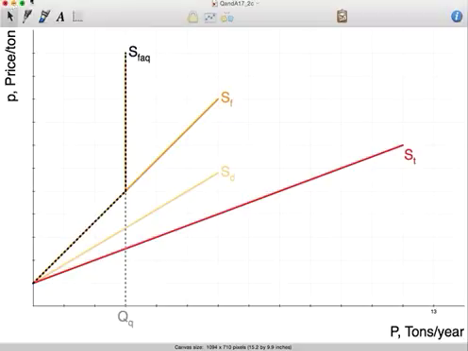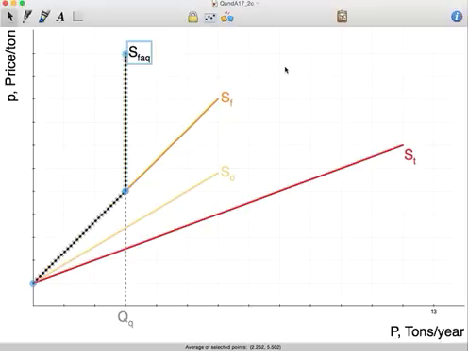I've denoted this as SFAQ, which doesn't stand for frequently asked questions, but for supply foreign after the quota. So you can see here that we're going to have a kink, and this is caused by the fact that a quota was put in place.